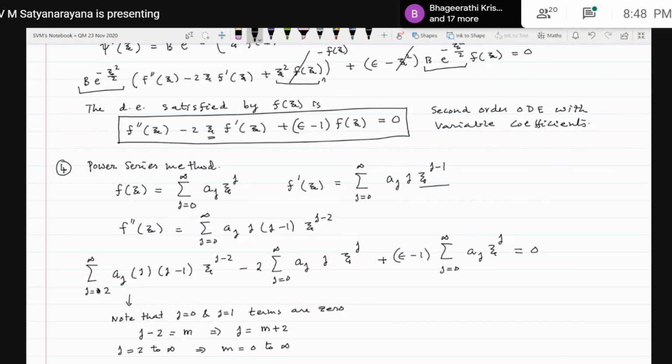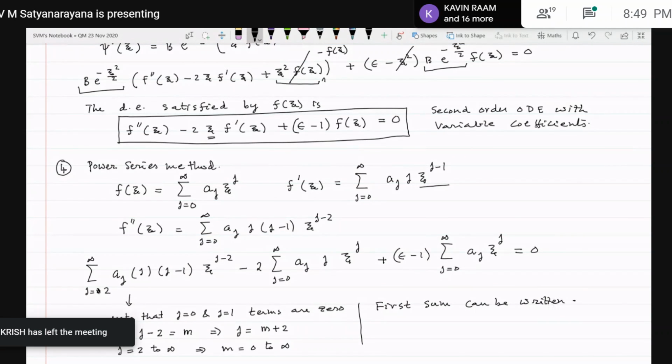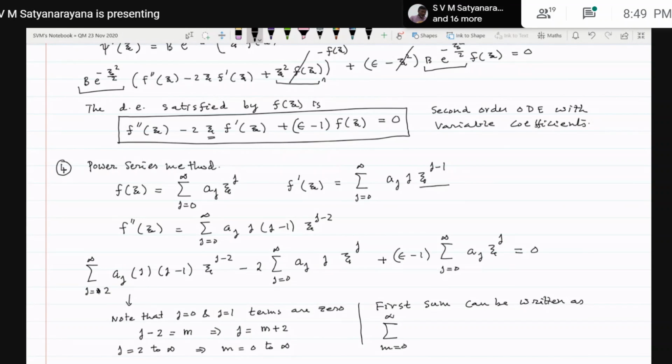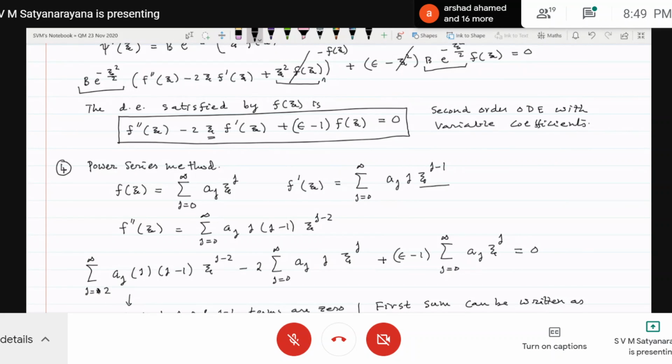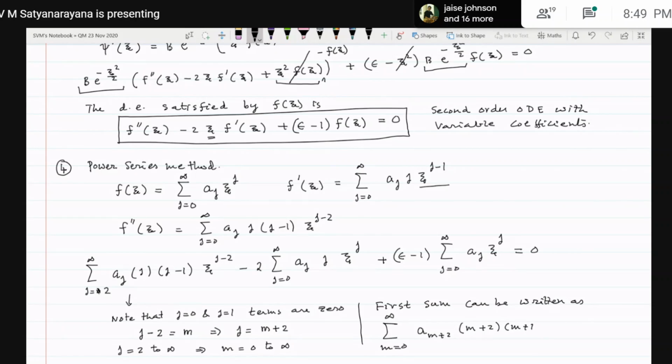Now the first sum can be written as the sum over m equal to 0 to infinity. What is j? j is m plus 2. So I have a(m plus 2) and m plus 2 into m plus 1 into xi to the power m.